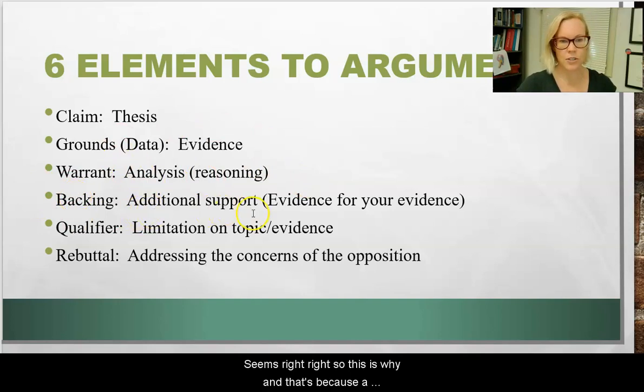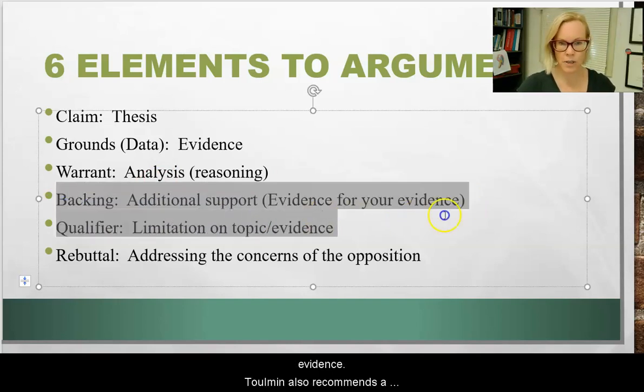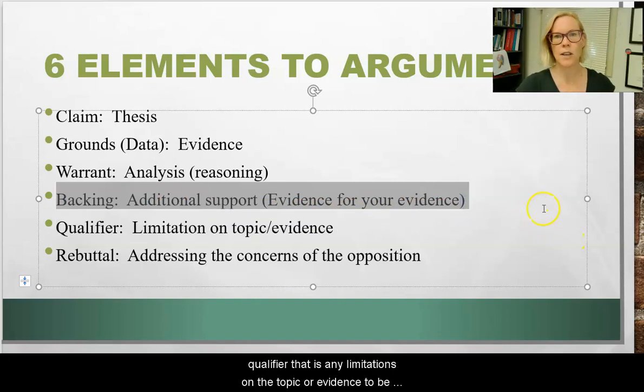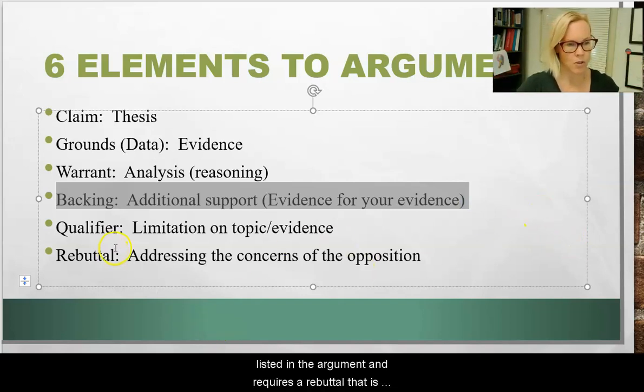Backing, additional support, or evidence for your evidence. That would be our second quote in each body paragraph. In fact, that's the one it's most difficult to convince students they need. And once it's there, it just seems right. So this is why. And that's because a good argument has evidence and evidence for that evidence.